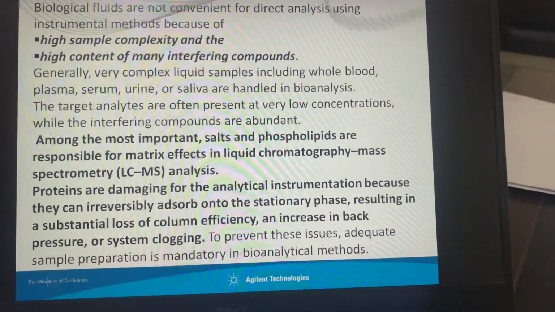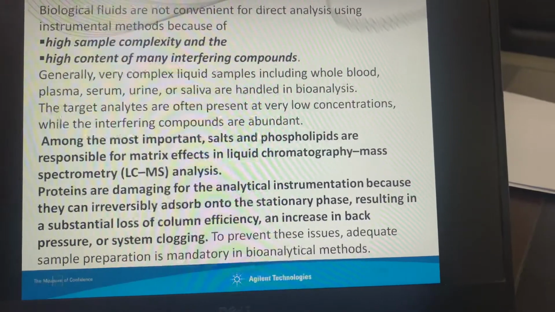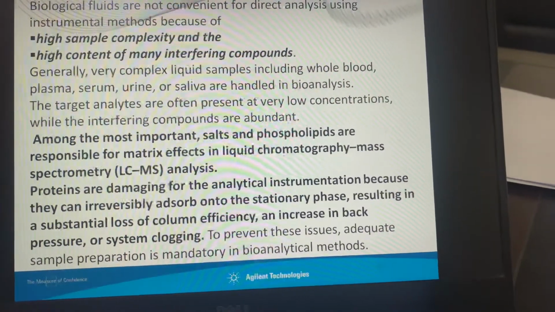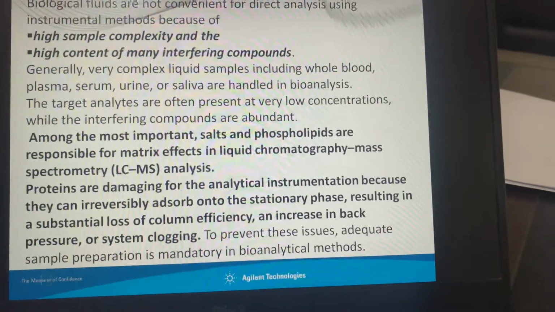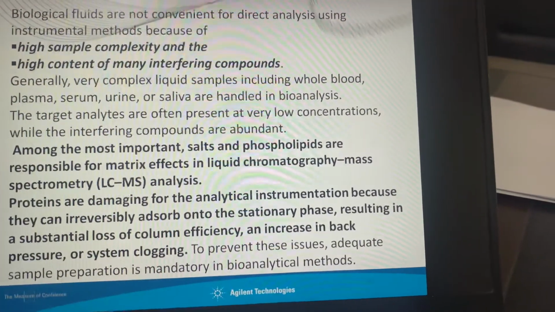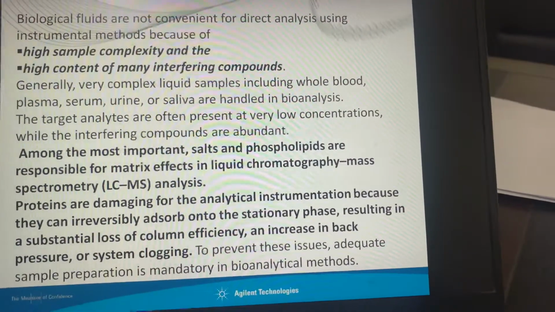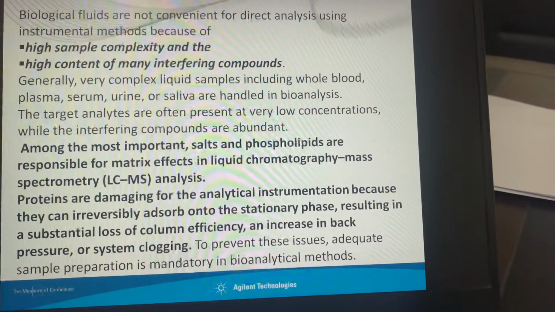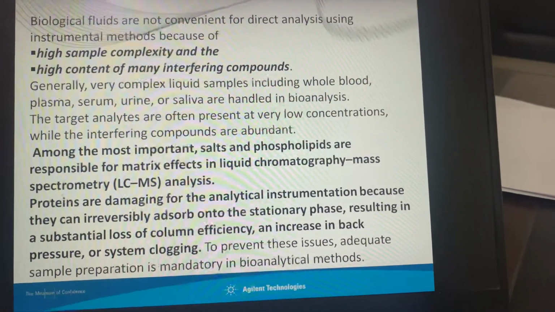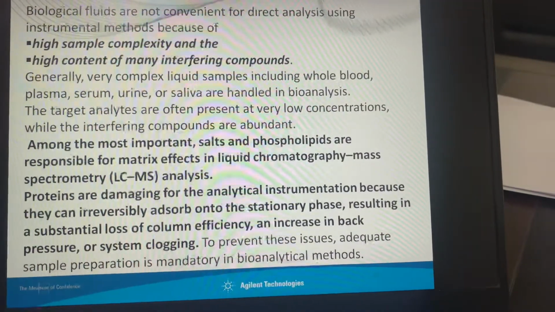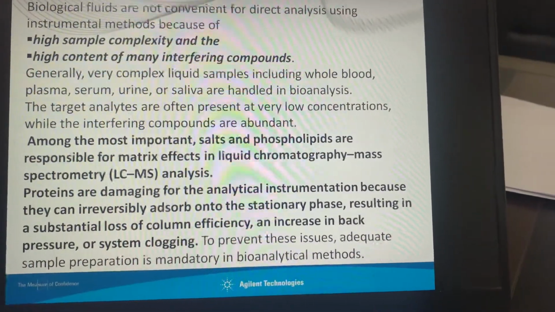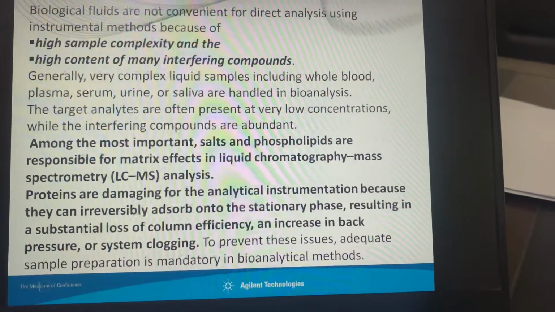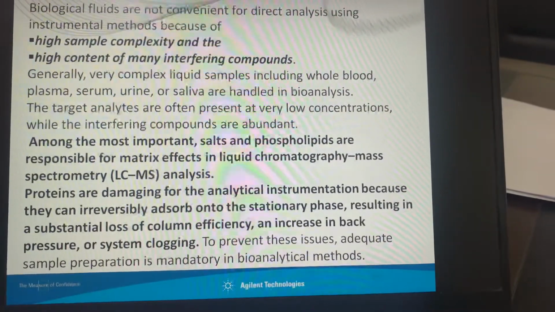The target analytes are often present at very low concentration while the interfering compounds are abundant. Let's suppose in any person or patient there is a little concentration of, let's say, a tumor marker or an irrelevant protein that is not required by the body, and it is causing a tumor in the patient.